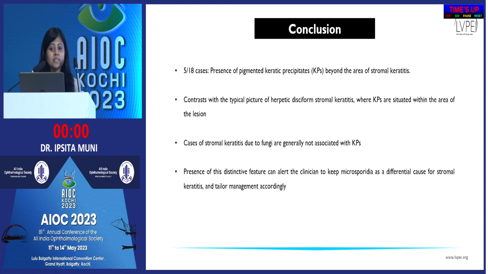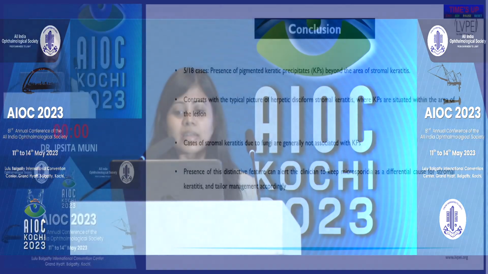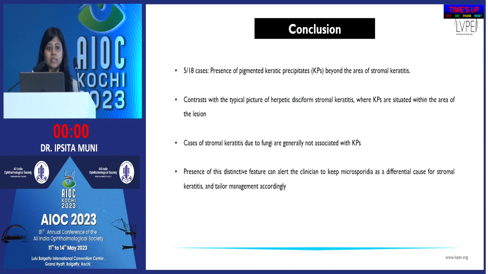So this contrasts with the typical feature of herpetic disciform stromal keratitis, where keratic precipitates are situated within the area, and the presence of this distinctive feature helps tailor management accordingly. Thank you.